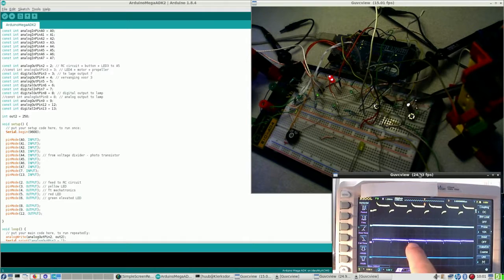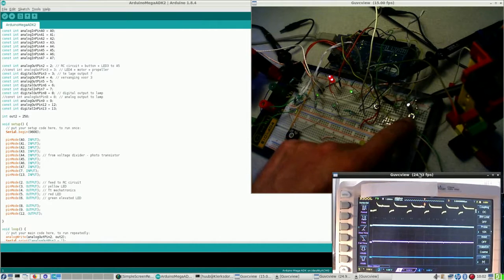Now if I change this one, it looks like it's zero, but then again you see the little peaks here downwards, which tell that it's not zero. So how can that be?